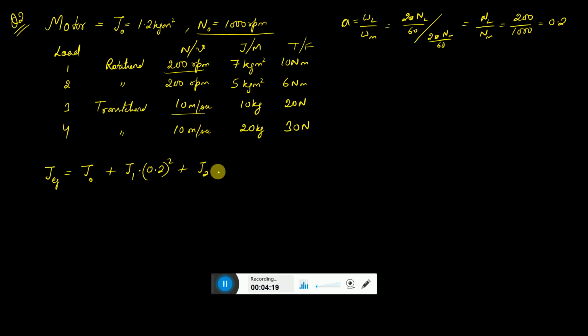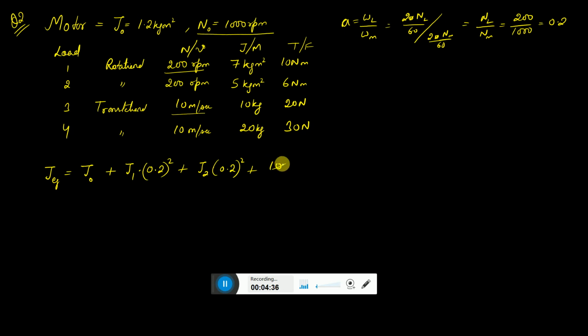plus J2, same 200 RPM, so this will also be 0.2 square, and then linear motion is there, mass is there, so mass is 10.